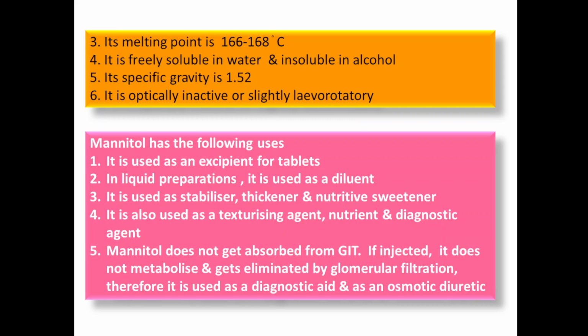Mannitol does not get absorbed from the GIT if injected, and it does not metabolize and is eliminated by glomerular filtration. Therefore, it is used as a diagnostic aid and osmotic diuretic. All these are the uses of mannitol.